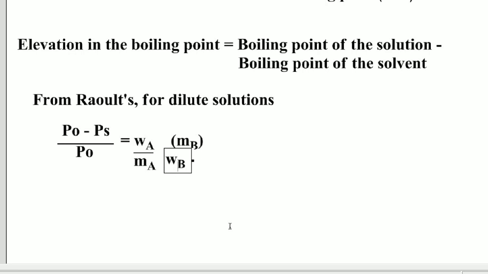Since, students, WA is the mass of the solute and MA is the molecular mass of the solute, and MB is the molecular mass of the solvent, and WB is the mass of the solvent. So students, we know this relation.